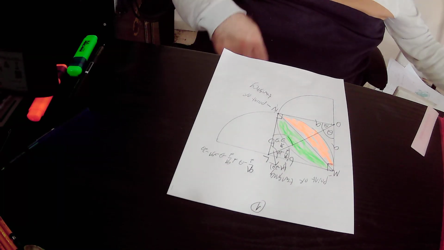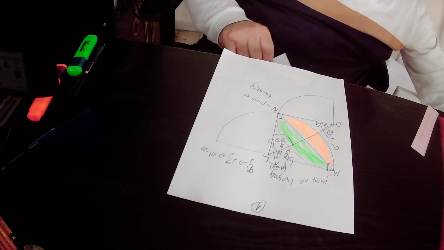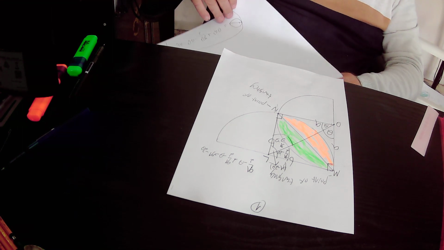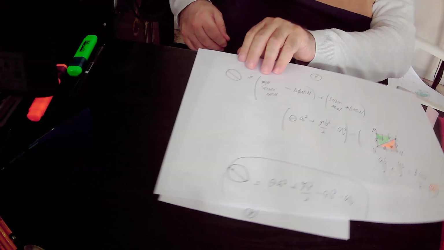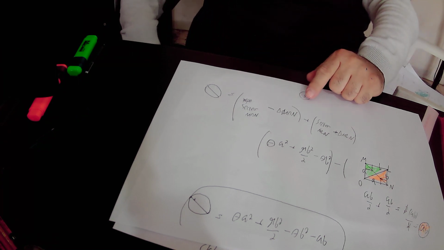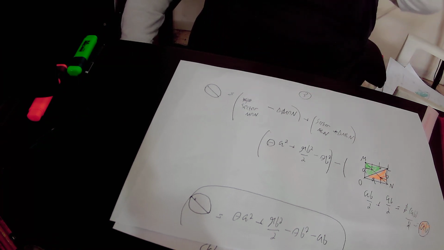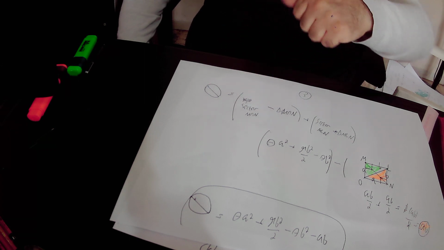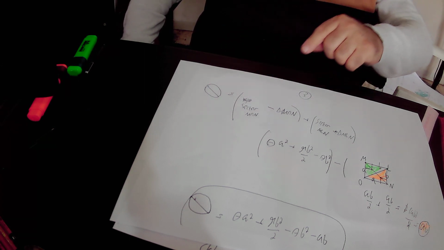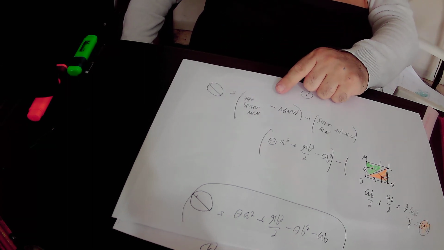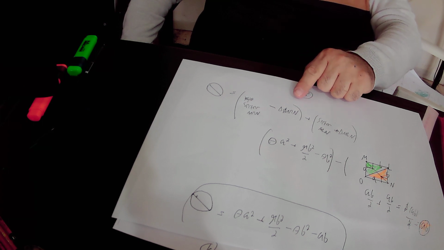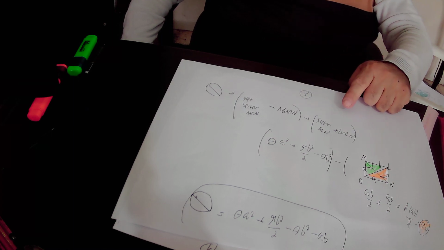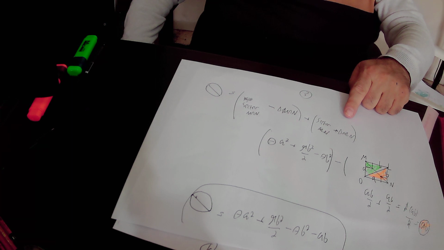Okay, so here, the area of the lens equals the area of sector MON minus the area of triangle MON, plus the area of sector LMN minus the area of triangle MNN. Okay?